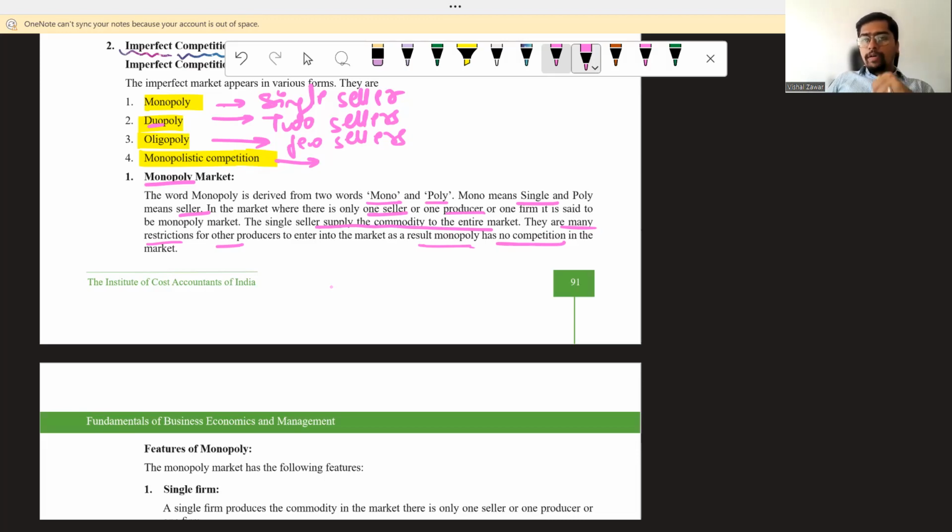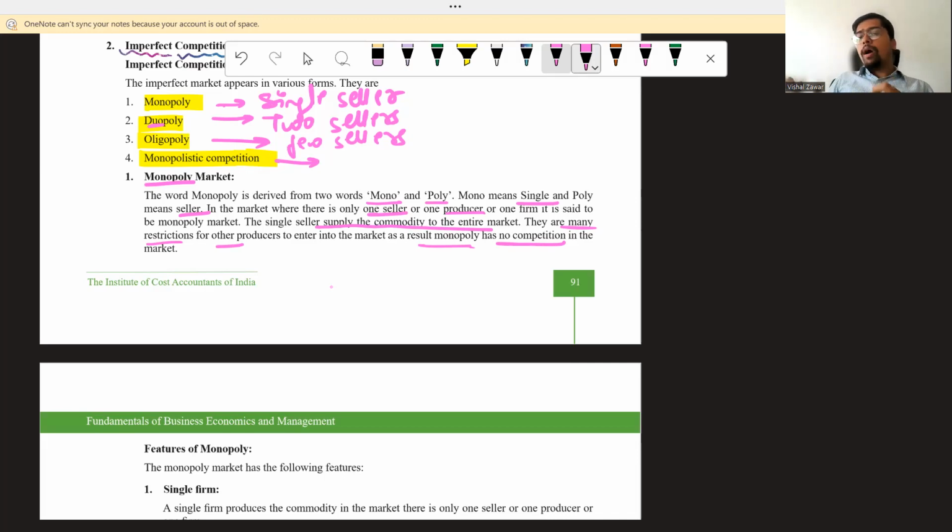One firm has already taken the market with full force. If you try to enter and establish your name in the market, it will take good amount of cost and good amount of time for you to establish your name.